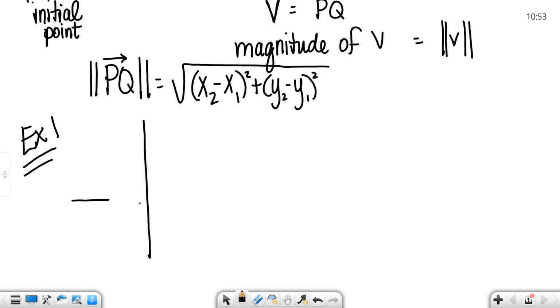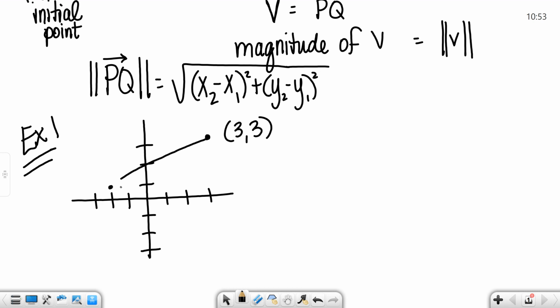All right, so I'm going to draw for you a graph, and I'm going to put a vector on there in a specific location. So this point is the ordered pair (3, 3), and I'm going to use this as my terminal point, (-2, 1). There's my vector v, and I want us to find the magnitude of that vector. That just means the length, so we use the distance formula.